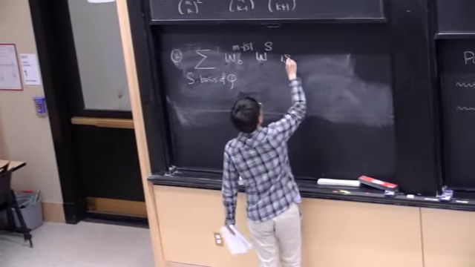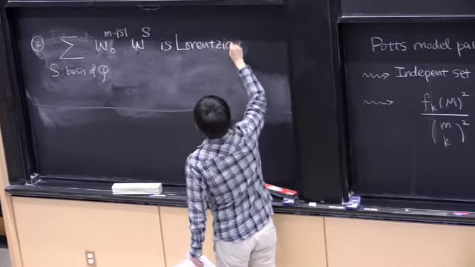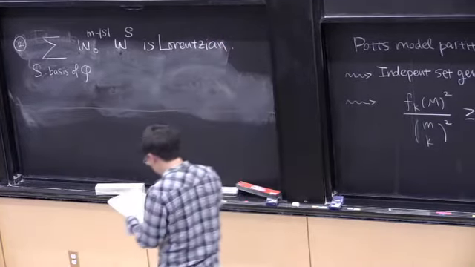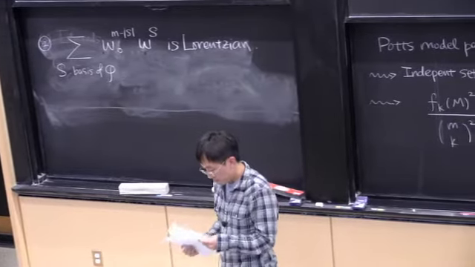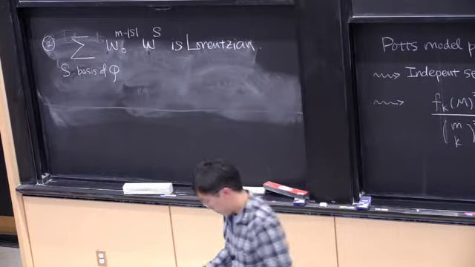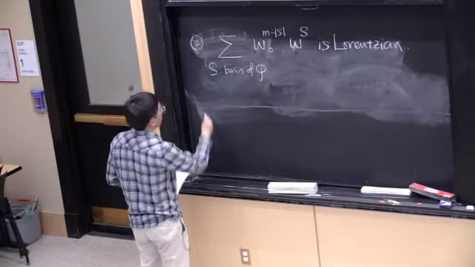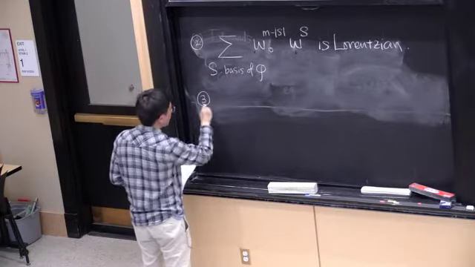And this is Lorentzian, or strongly log concave. And we derive this in basically the same way.